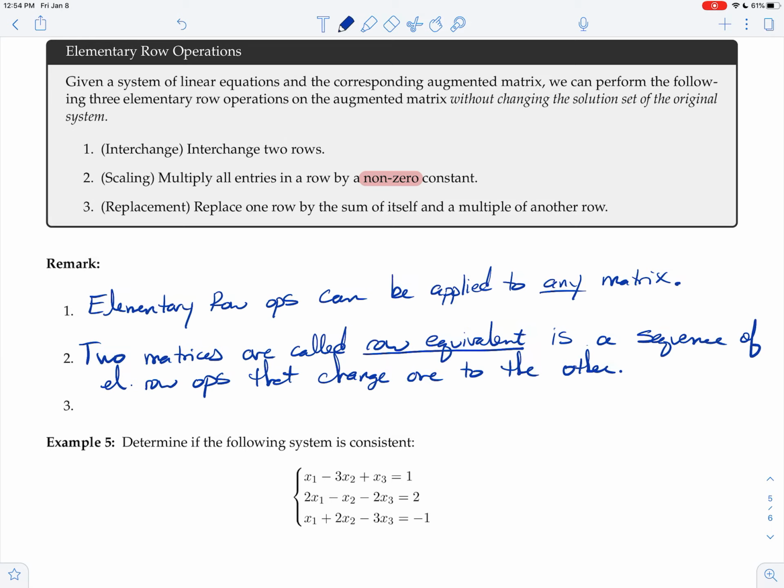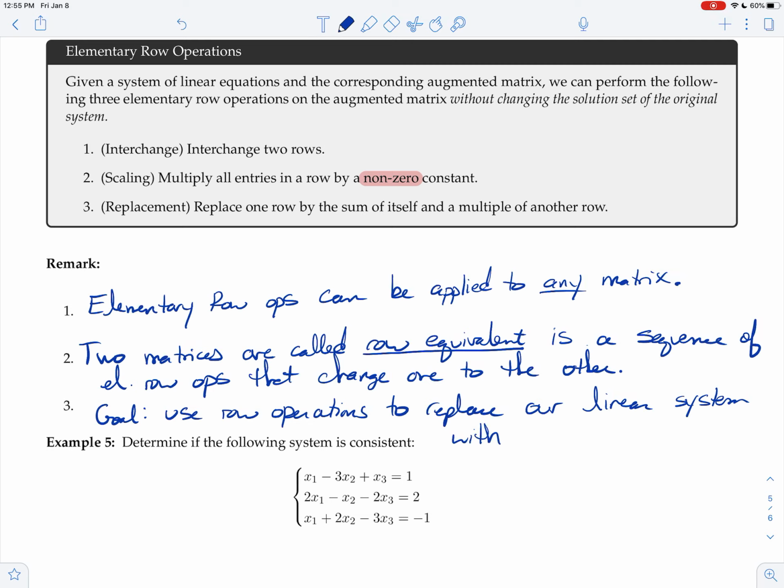Okay, and so our goal is to use row operations to replace our linear system with an easier system to solve.